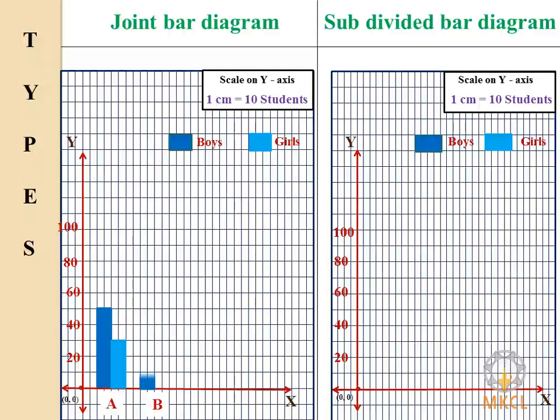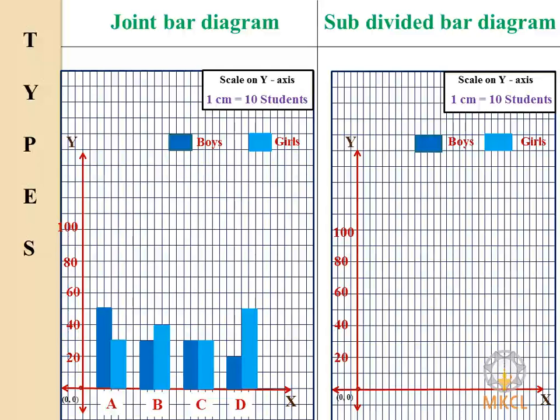In division B, there are 30 boys and 40 girls. In division C, there are 30 boys and 30 girls. And in division D, there are 20 boys and 50 girls. So, this is called a joint bar diagram.